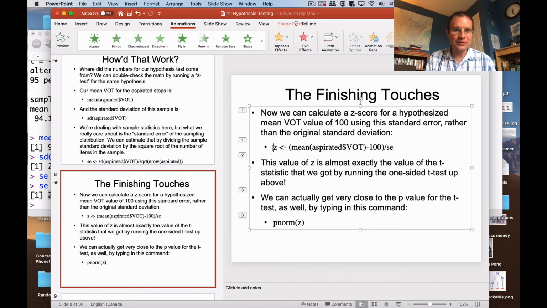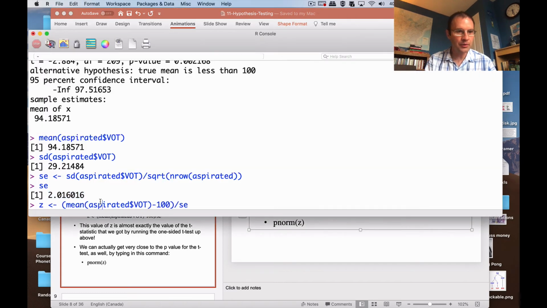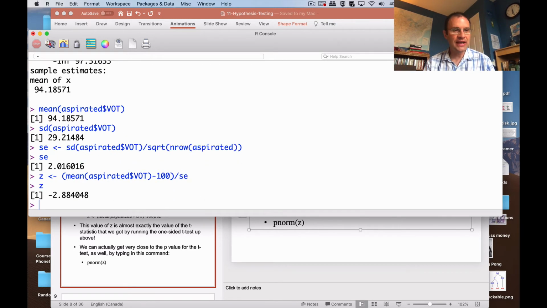For this, we go back to our old formula for the z-score: you take your observation, subtract the hypothesized mean, and divide by the relevant standard deviation. In this case, we get a z-score of negative 2.88.